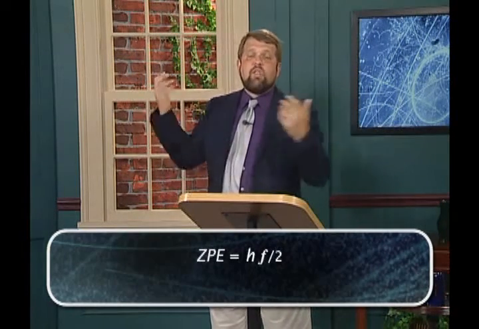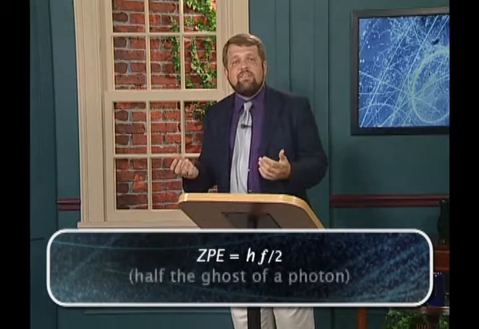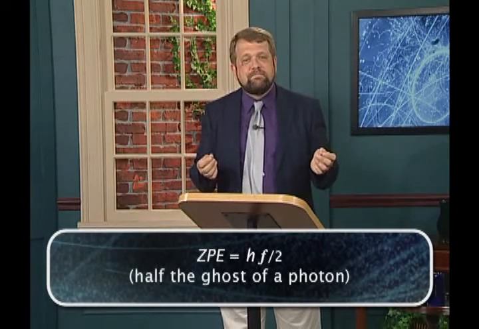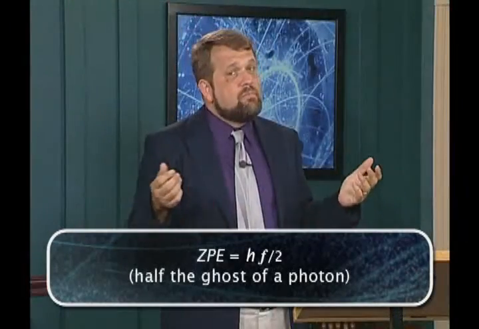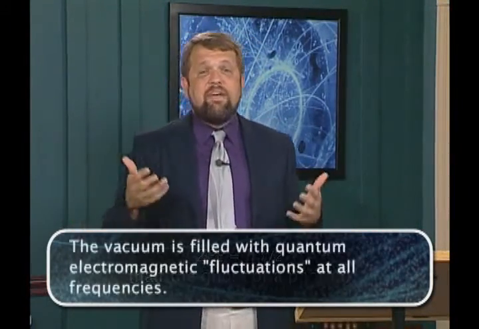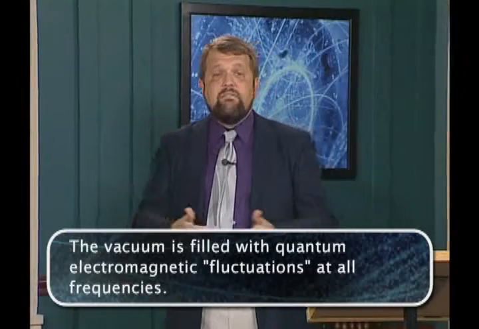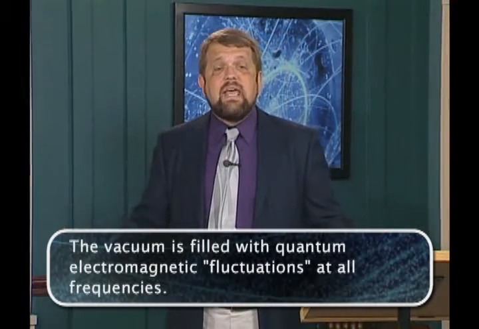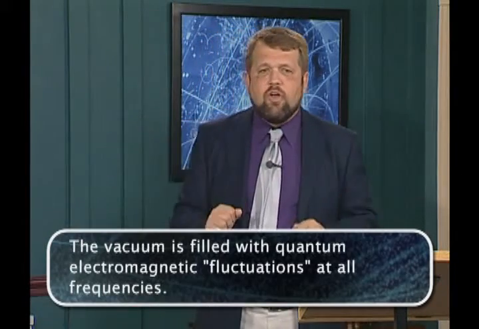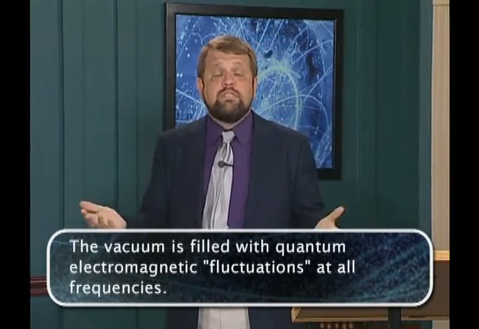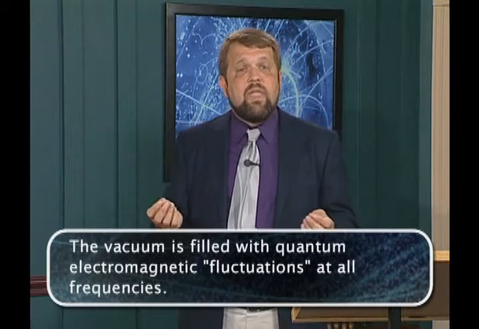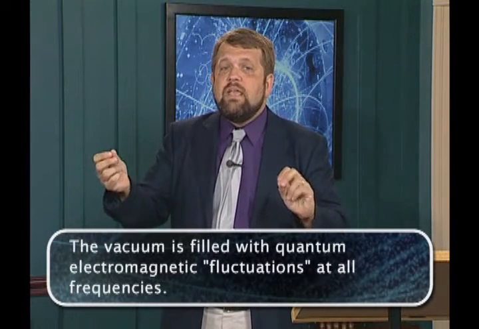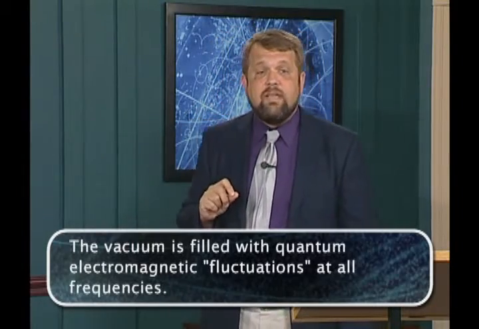Even when we take out all the photons we can, even in the vacuum state, there's still half of the ghost of a photon left. So the moral of the story is that the vacuum, the quantum state of no particles at all, is filled with quantum electromagnetic fluctuations, they're called, and they occur at all frequencies. Every frequency and direction has half of the ghost of a photon, even at the lowest energy state.